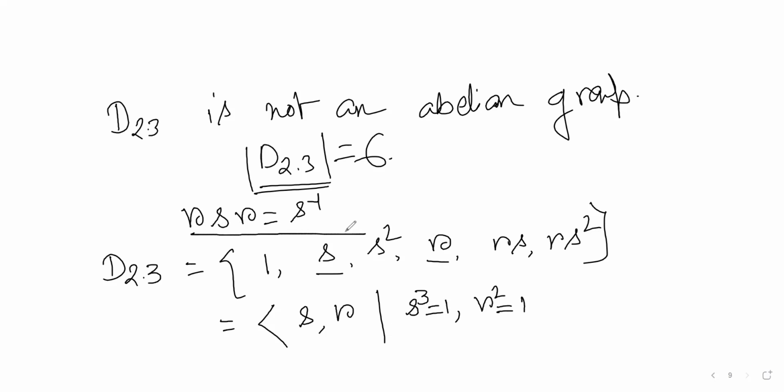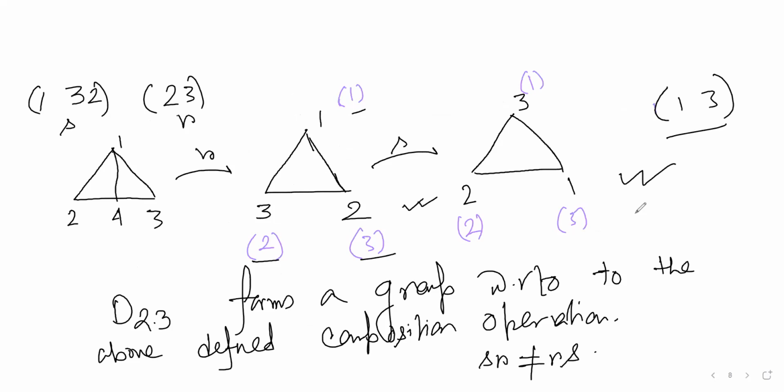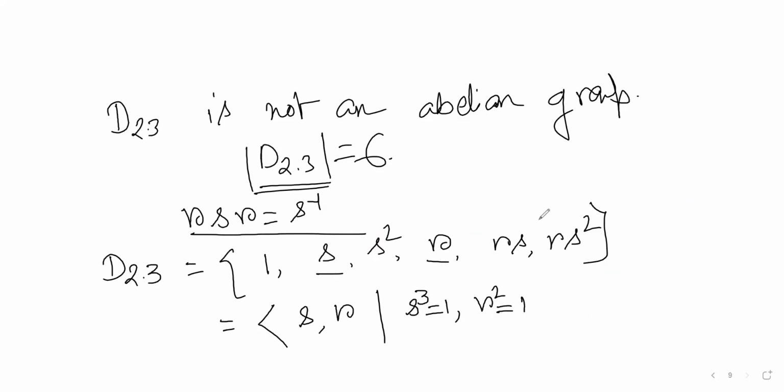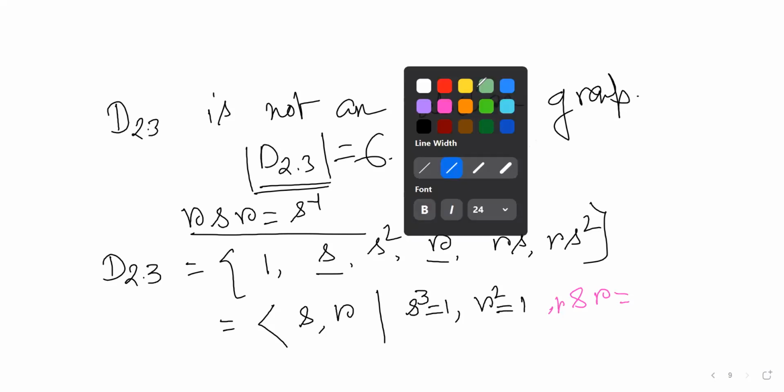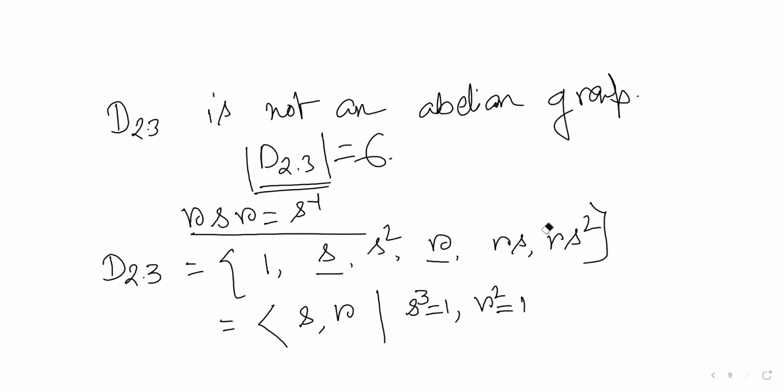And I am telling you to check this, just repeating these operations only. You can check it very easily that RSR equals to my S inverse. Sorry. Okay. This is my set, and D23 is a non-abelian group, the first non-abelian group.